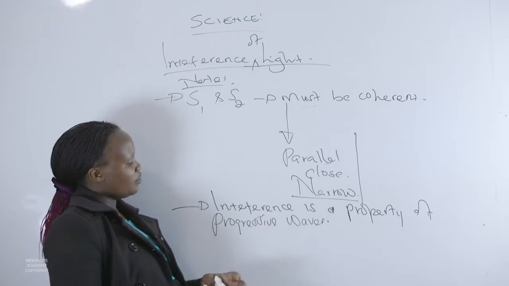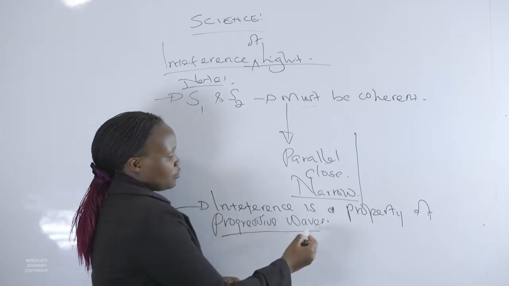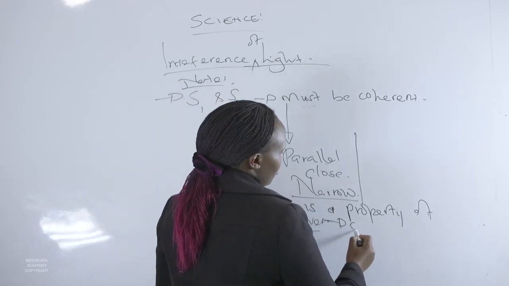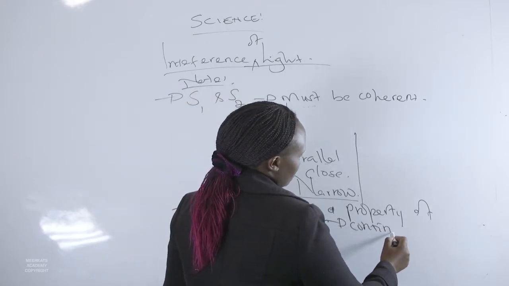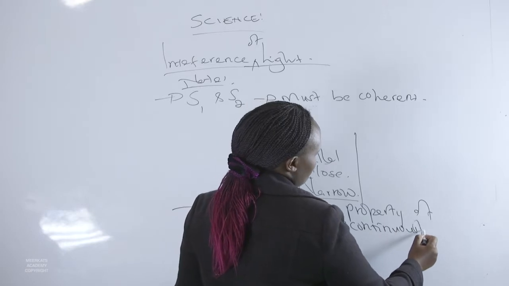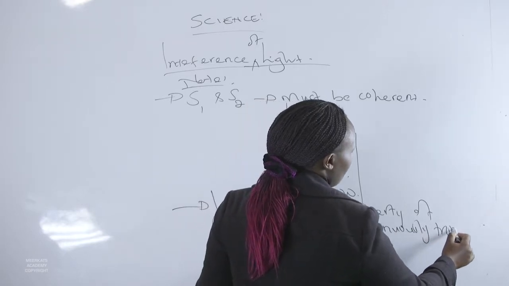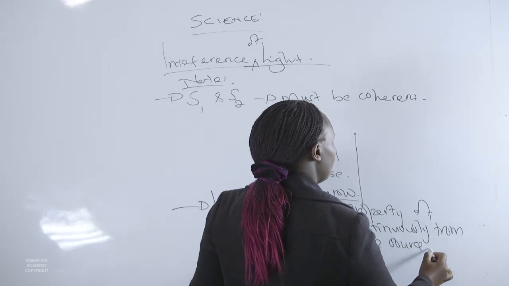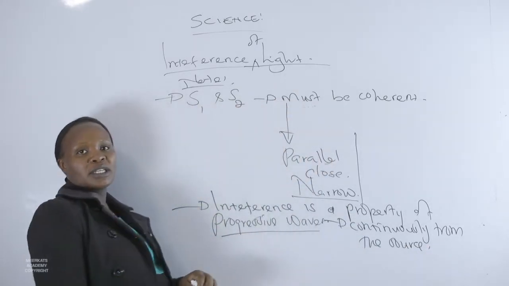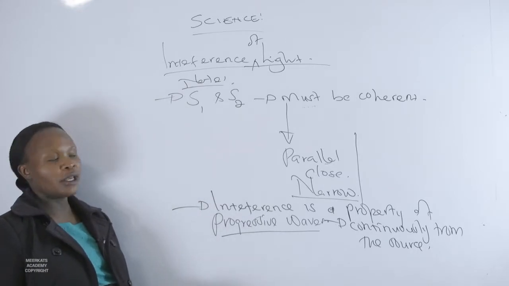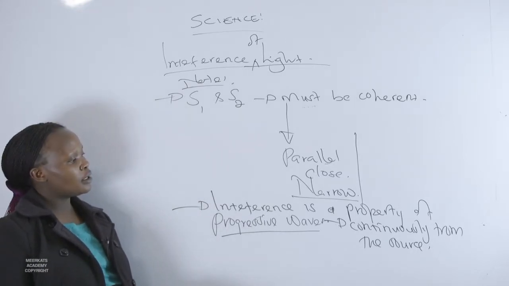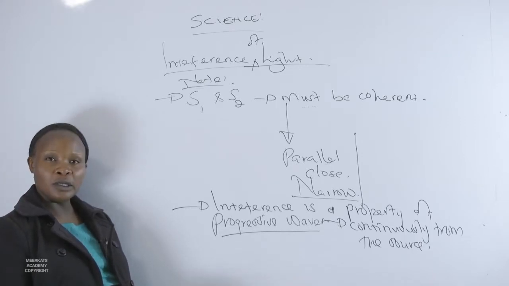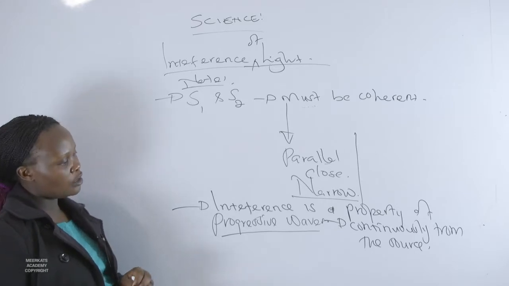And a progressive wave is one that moves continuously from the source. And that way, we yield some properties which are necessary for two waves to interfere.